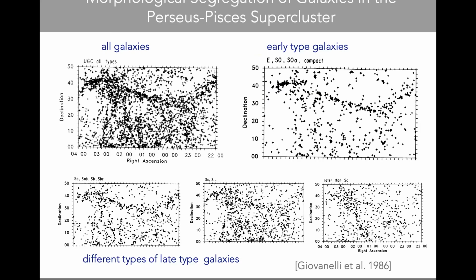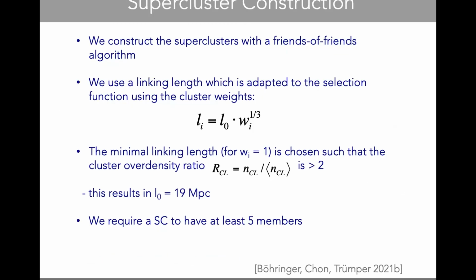Early type galaxies trace this backbone of the structure very sharply and very well. And the more you go to late types, the more it's diffused. So these superstructures are not just a collection of clusters. They are special environments, and this really shows that the type of galaxy traces the whole superstructure with all the connections, and not only the clusters themselves and the highest density regions.